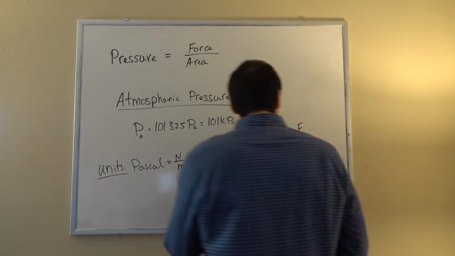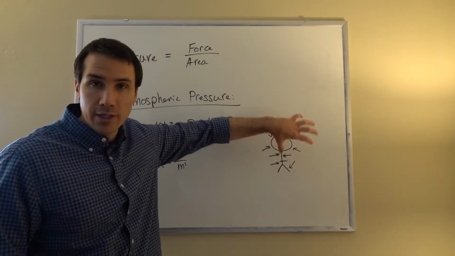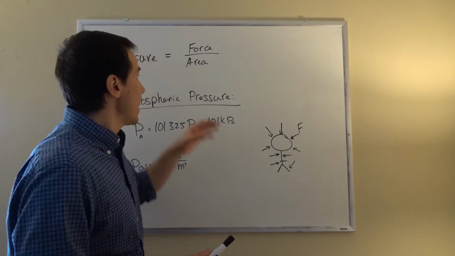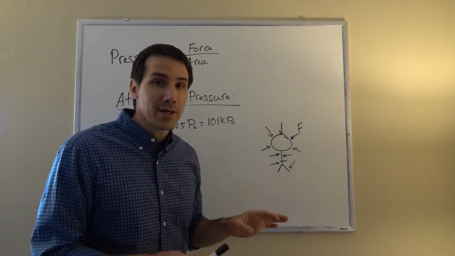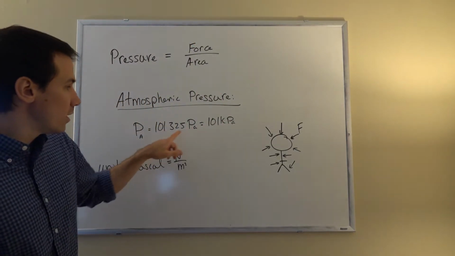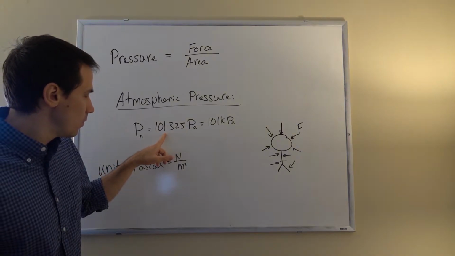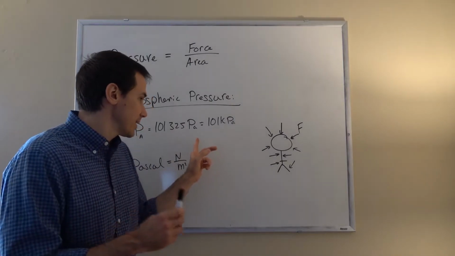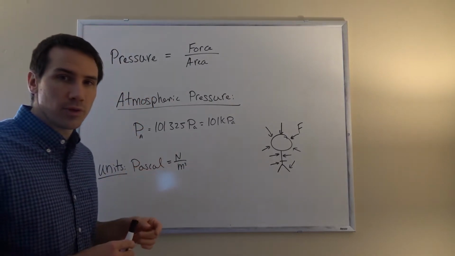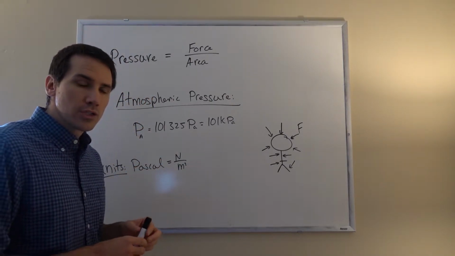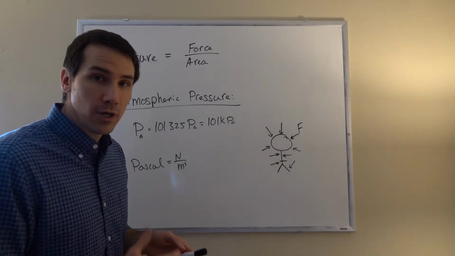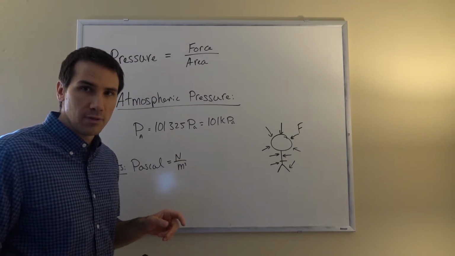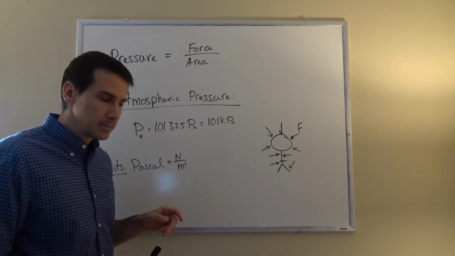Here's you, and everywhere on you there is a force pushing in, and on average, the force per unit area on you is 101,000 pascals, where a pascal is just a Newton per square meter. So on every square meter of you, there are 100,000 newtons of force acting on you.